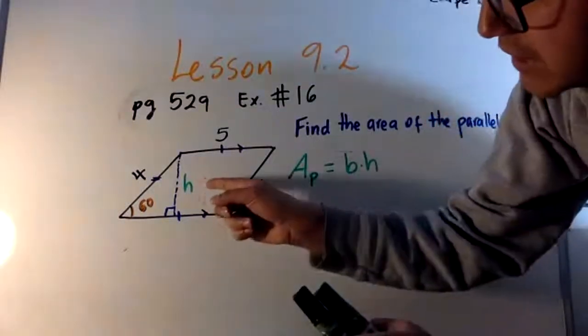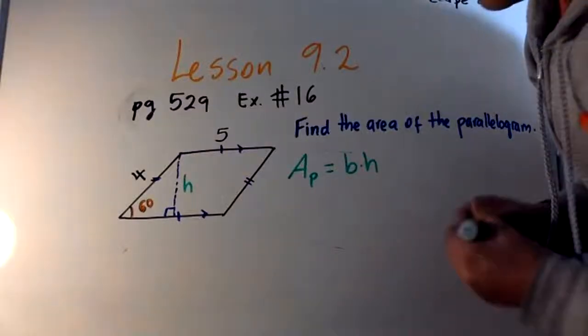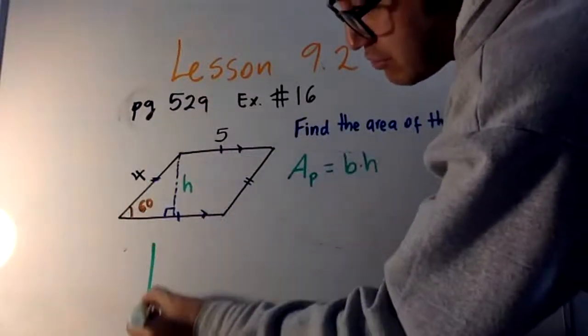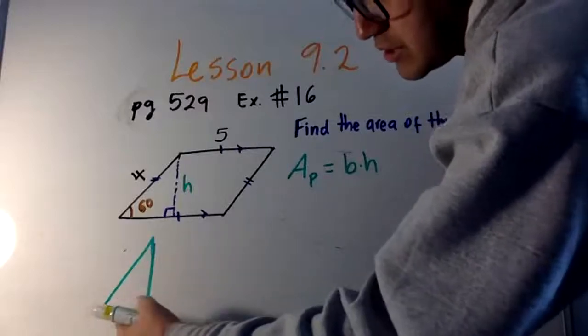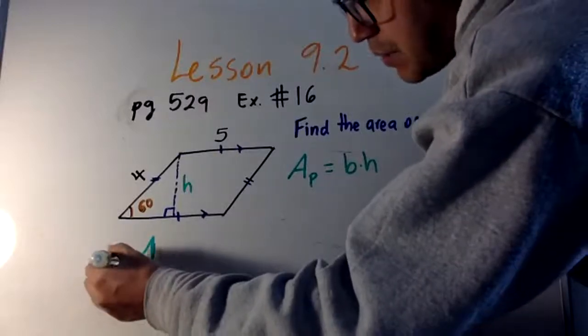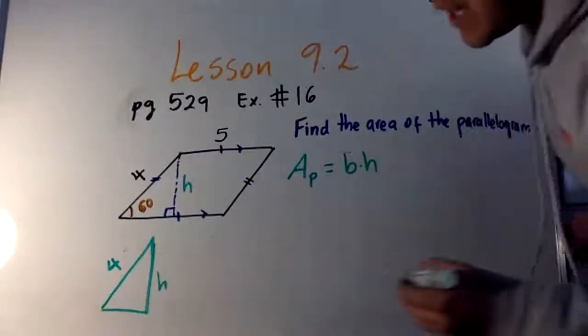So now we have to find it. But hopefully you can now see that in this right triangle, this is the short segment, this is the hypotenuse, and this is the long segment we want to find.